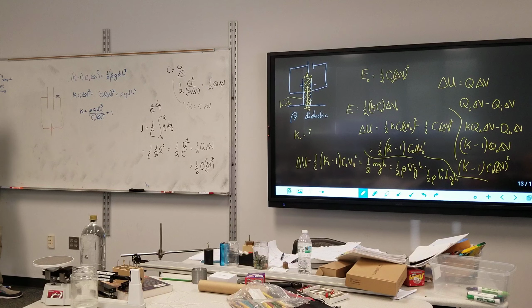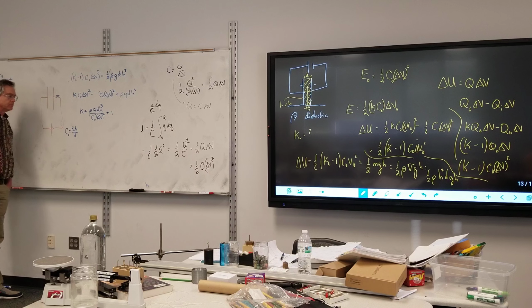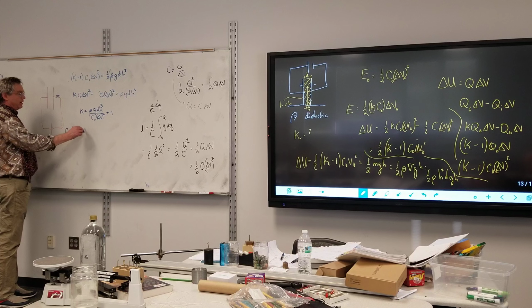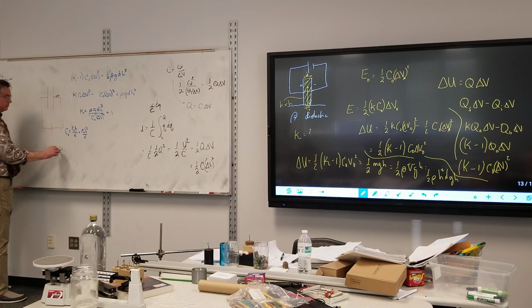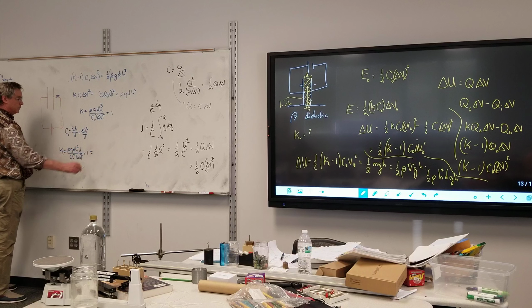We can take it another step, because we're dealing with a parallel plate capacitor, and I know C sub 0 is epsilon sub naught A over D. I know A is h squared, so this is epsilon naught h squared over D. Plugging that in, we end up with kappa equal to rho g d h cubed over epsilon naught h squared times D over delta V squared, plus 1.